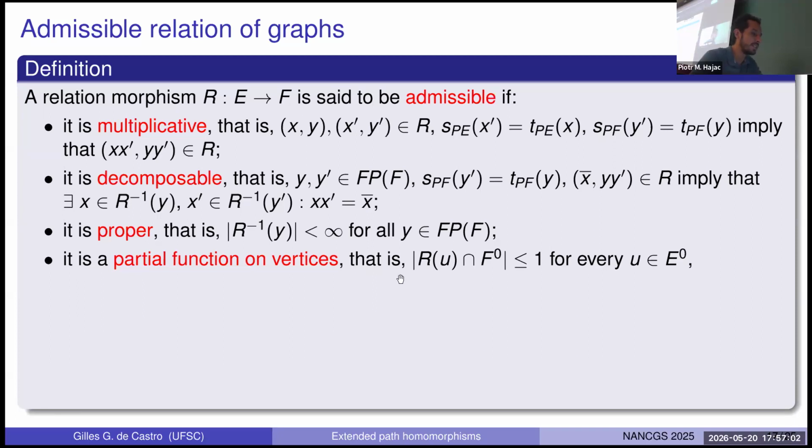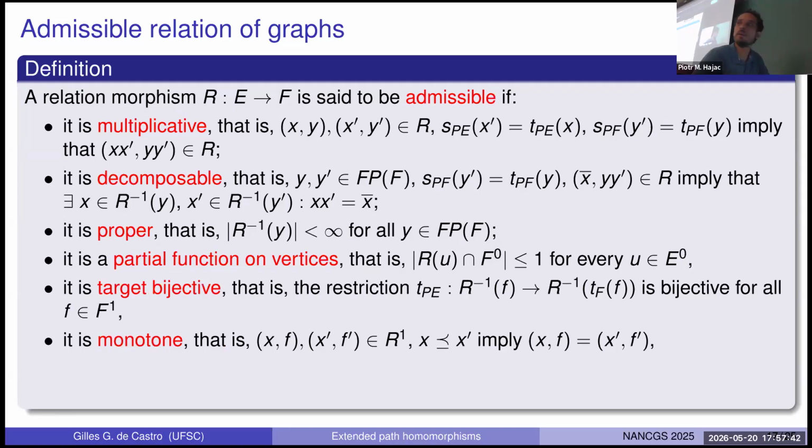But anyway, we need to make sure that whenever I take vertices on E0, this is going to be a map or a partial map. Looking at it the other way, as we write in the paper, the preimage of two vertices on F0 must be disjoint. This is again to ensure it's similar to the path homomorphism between injective vertices.